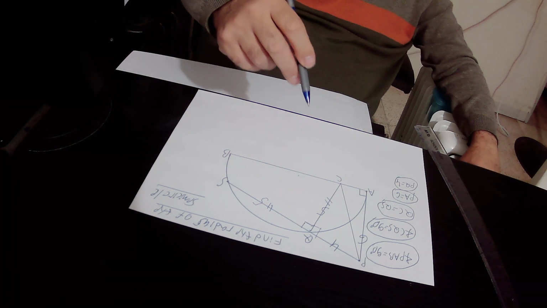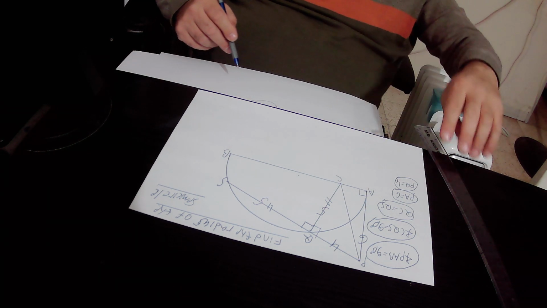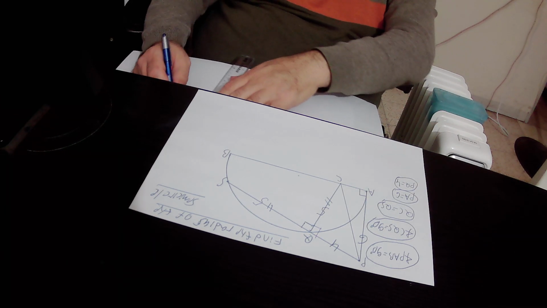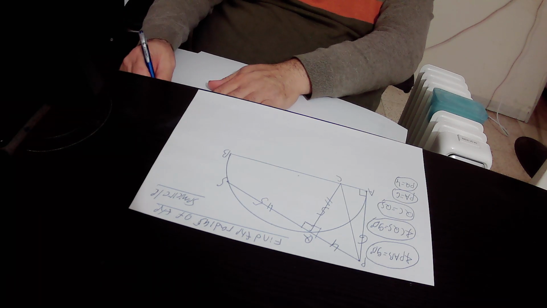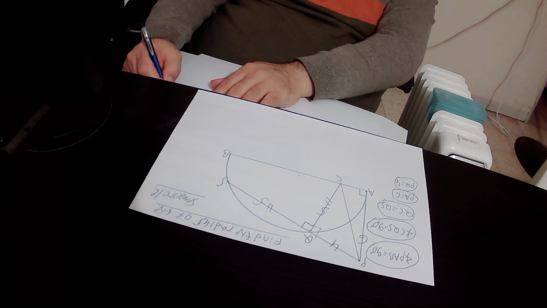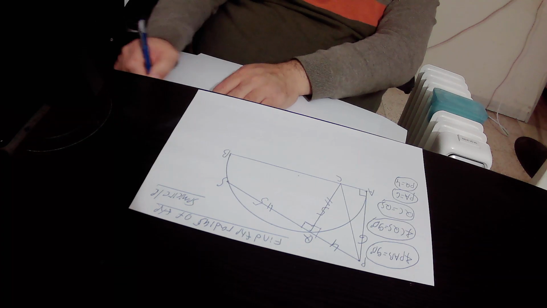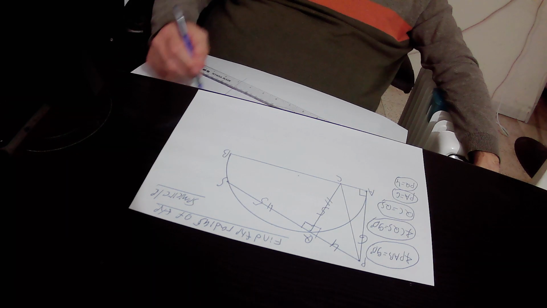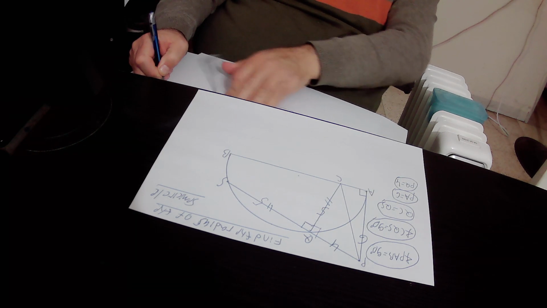So I will copy the right triangle PQC onto a new page, and we will implement the Pythagoras theorem on it. According to the Pythagoras theorem, so I copy the right triangle PQC here.